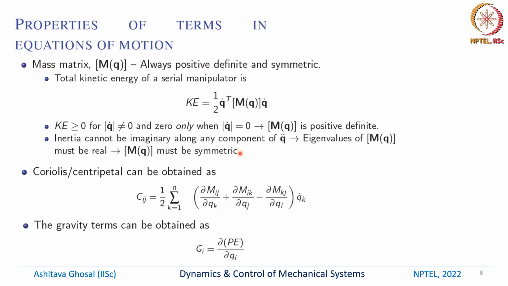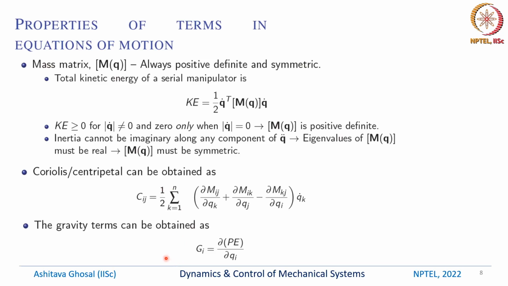So it is related to some kind of metric or distance in some q space, and with that positive definite metric we can define something called Christoffel symbols, and they are nothing but these components of the centripetal and Coriolis terms.